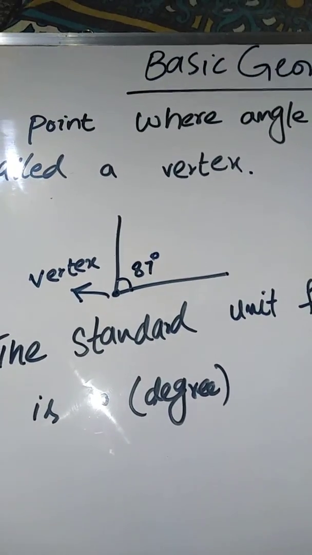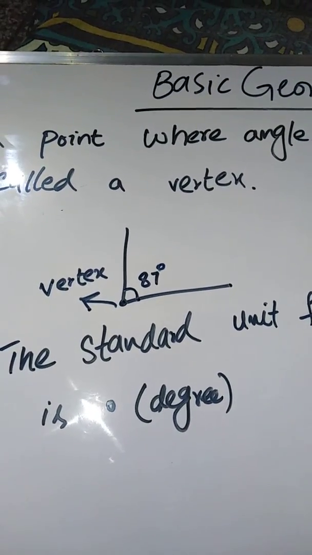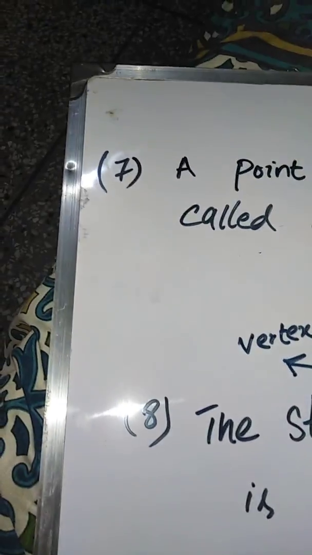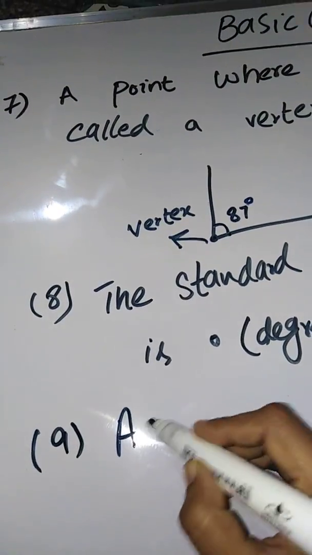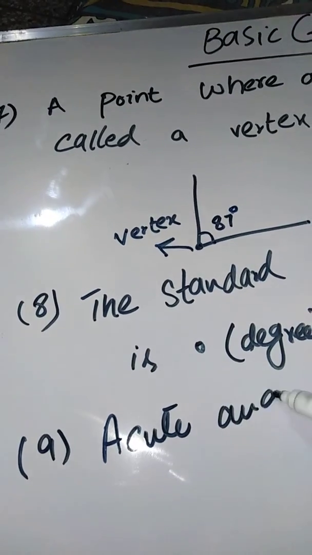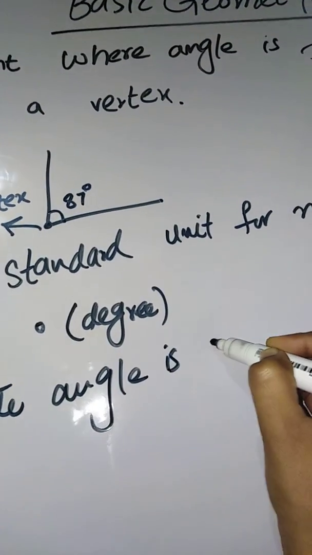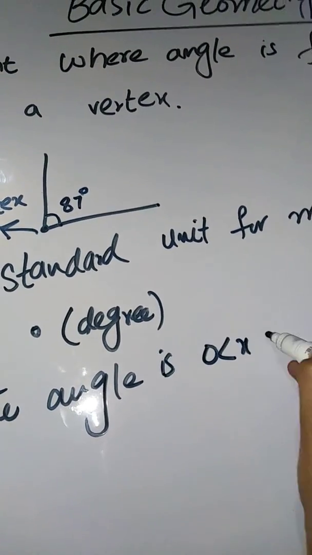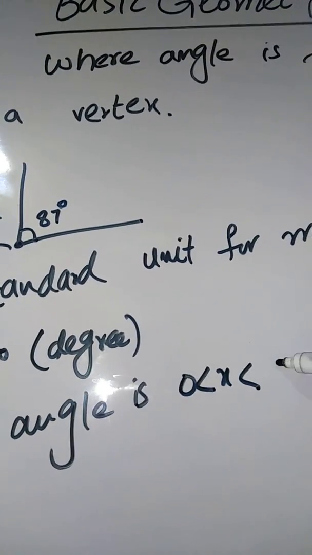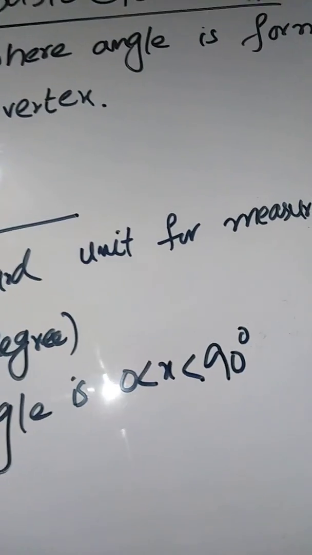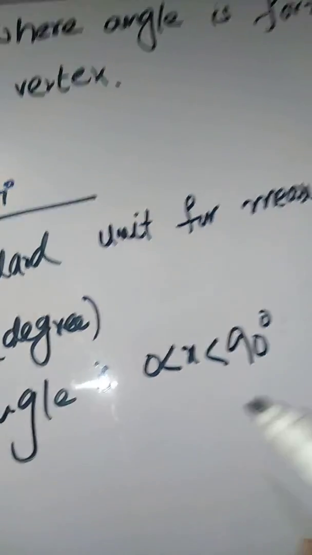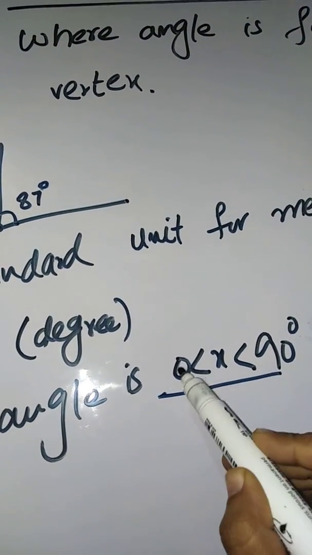Now I'm going to explain about the acute angle. Remember that an acute angle is greater than 0 and less than 90 degrees.